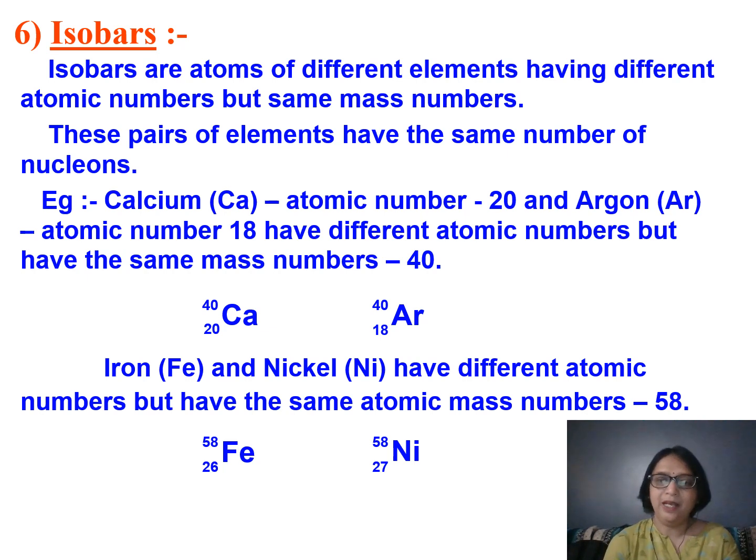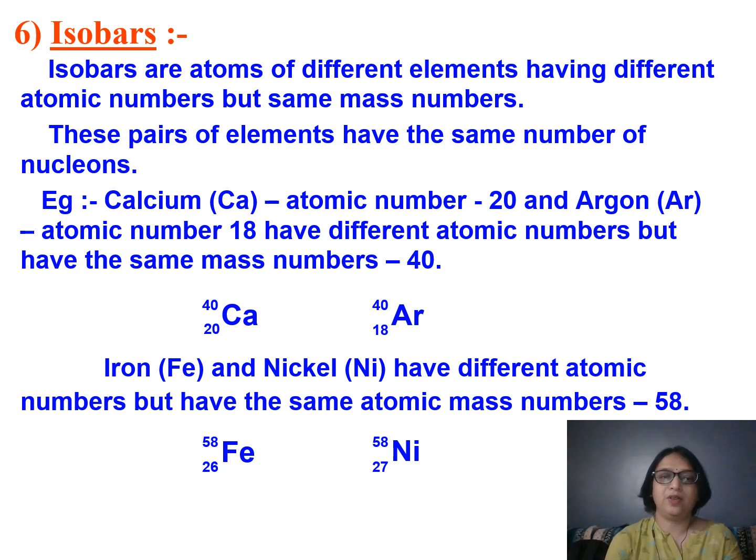You can see calcium and argon. Their mass number is the same, 40, but their atomic numbers are different, 20 and 18. So their number of protons is changed, but their number of neutrons is the same.